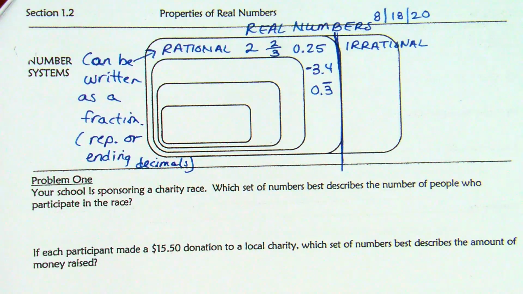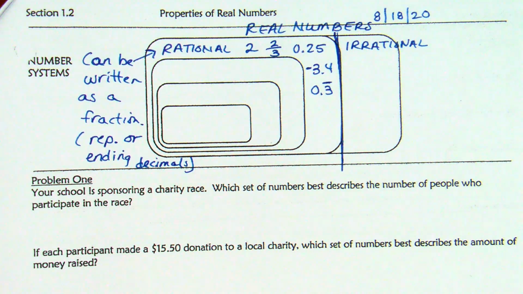Okay, what does it mean to be irrational? We defined rational to be anything that can be written as a fraction or any terminating or repeating decimal. So now irrational is a decimal that does not end and does not repeat.